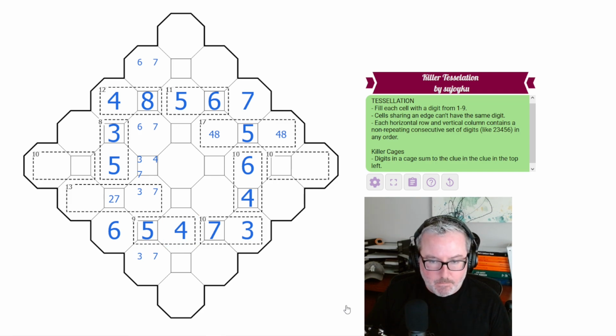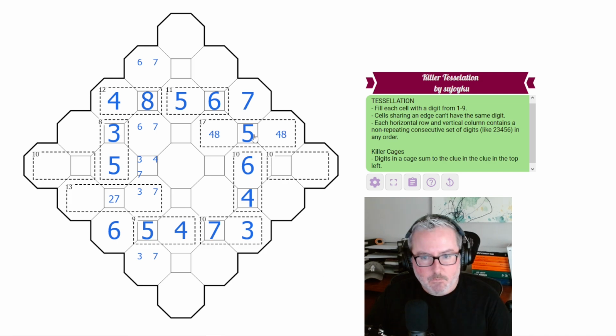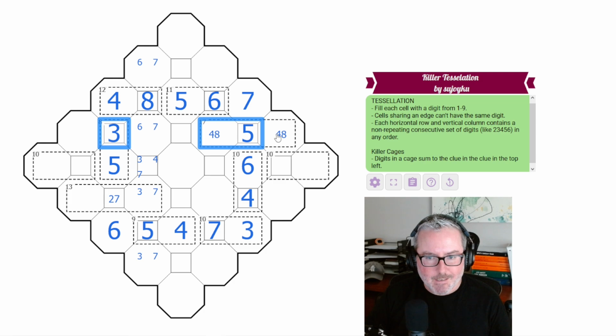What else do we now know, if anything? Let's think for a second. Let's see if there's anything now that we've shown here. What about this row? Because we know we have 3, 4, 5, and 8.